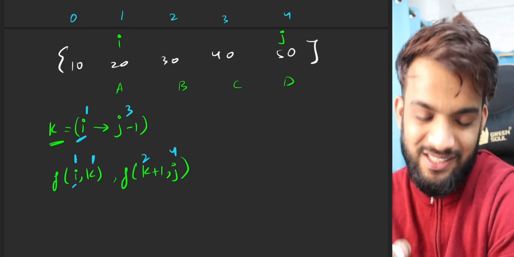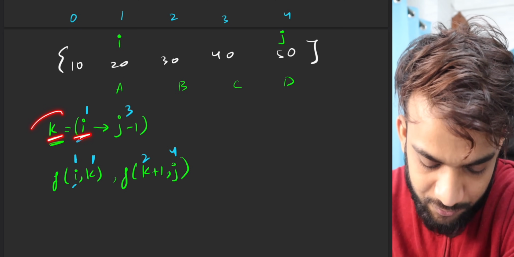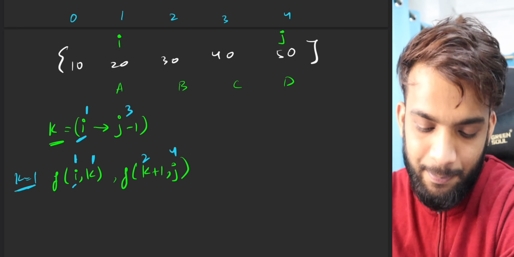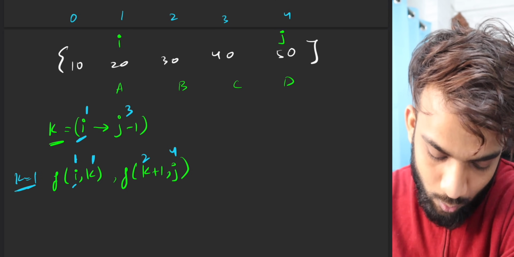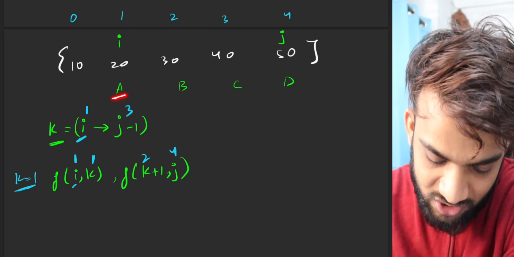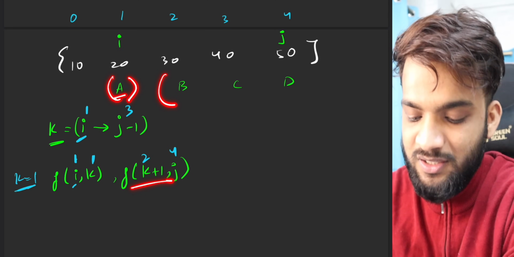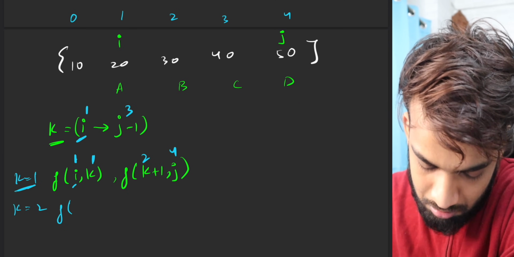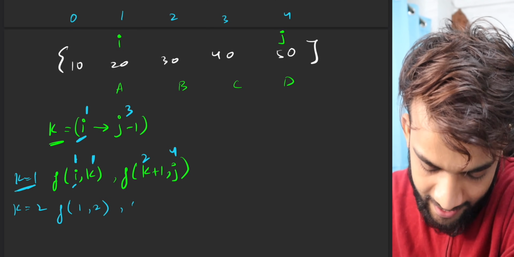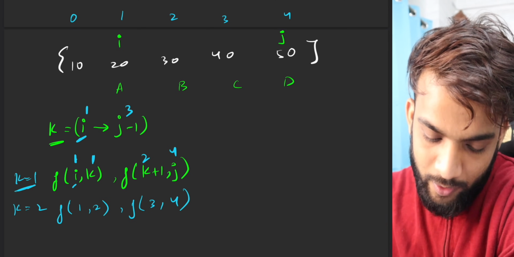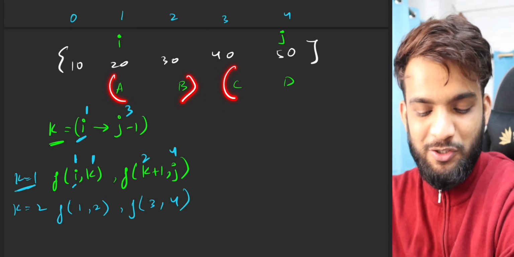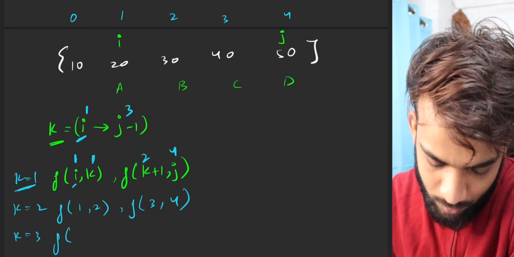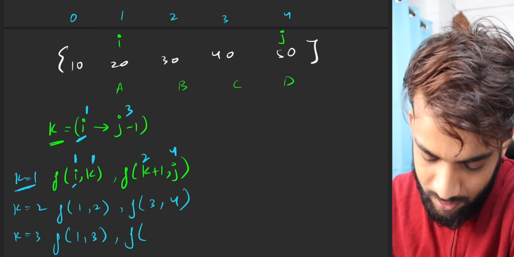So the first time, whenever k is 1, I'm saying 1 to 1, which means just this guy, and 2 to 4, which means this guy. Next step, when k is 2, I'm saying 1 to 2 and 3 to 4. Or if k is 3, I'm saying 1 to 3 and 4 to 4.